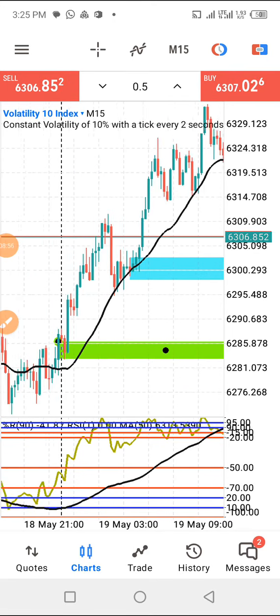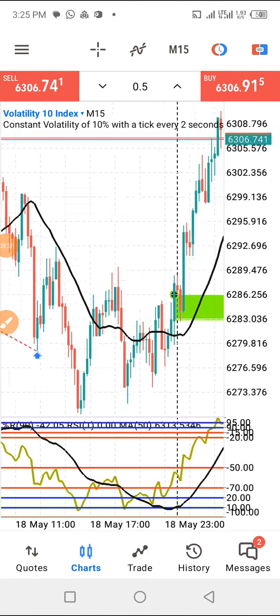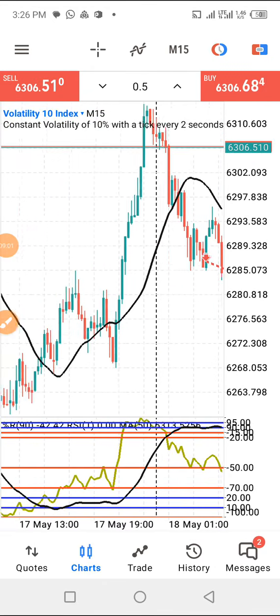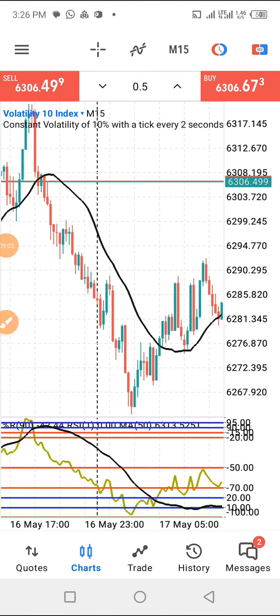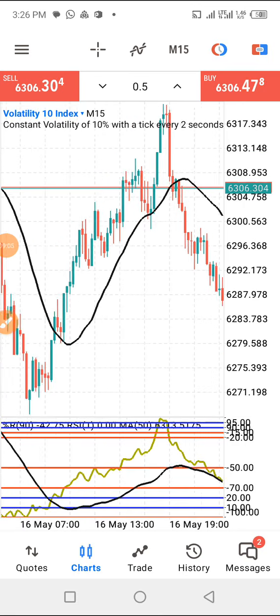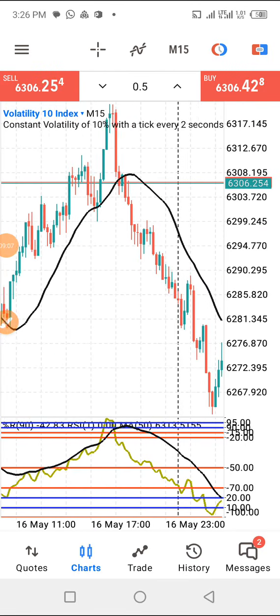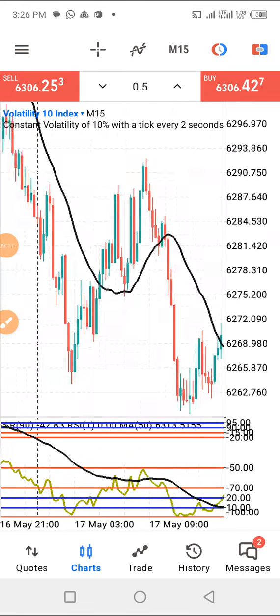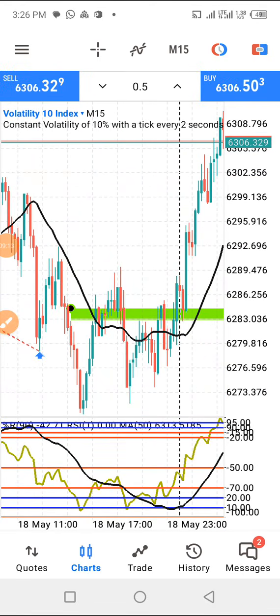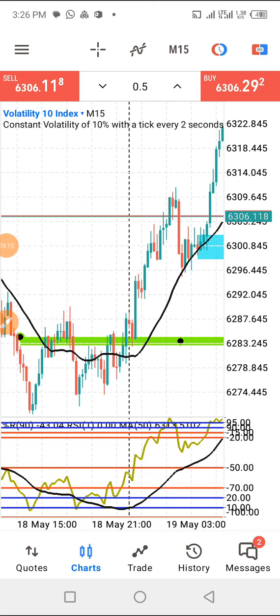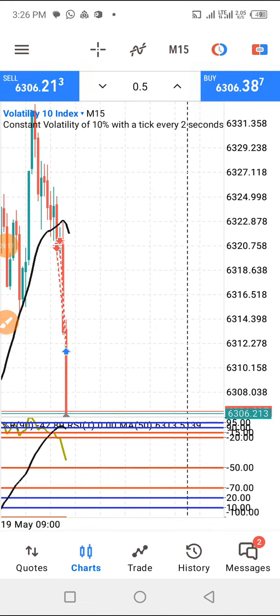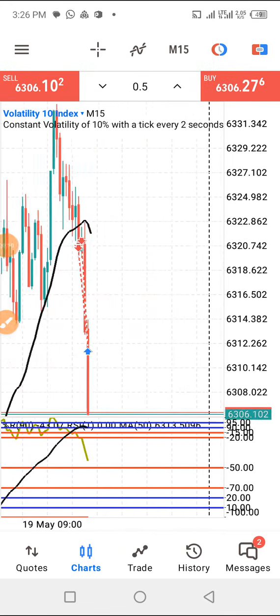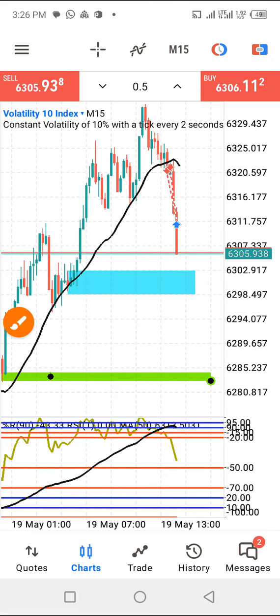Before I show you the settings, you can see it. Lately it crossed. But always make sure, if I come back here to level, you notice that if I move the chart, this line is not moving.